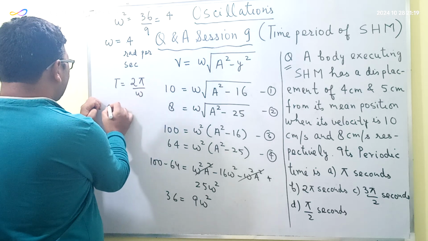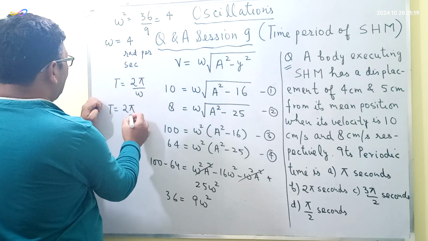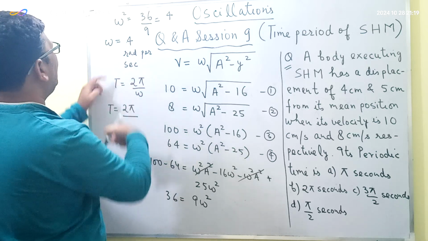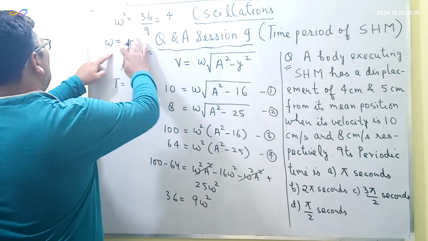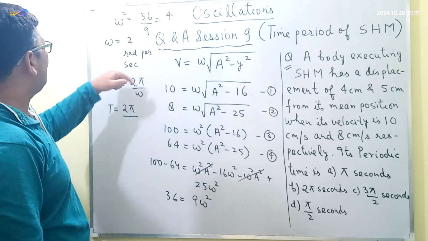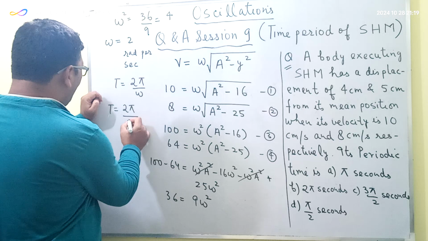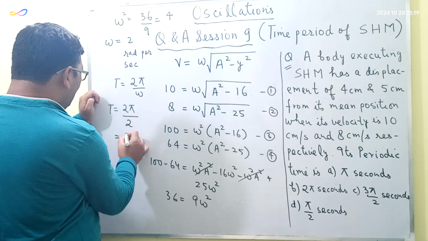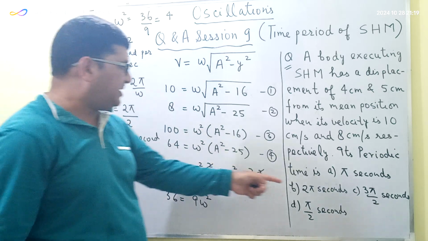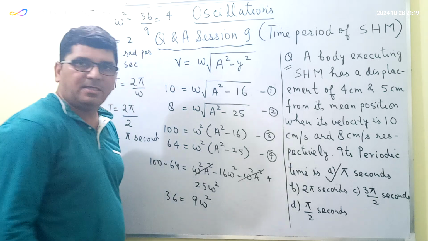So we can write this time period as 2 pi divided by omega, and here omega is equal to 2 radians per second, because omega square is equal to 4. So t is equal to 2 pi upon 2. So the time period will be equal to pi seconds, or we can say that its periodic time is equal to pi seconds, so the correct option will be A.